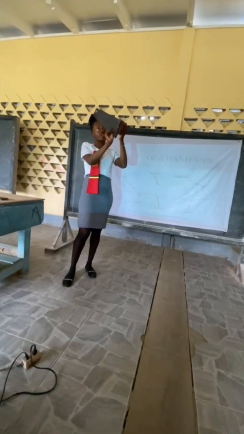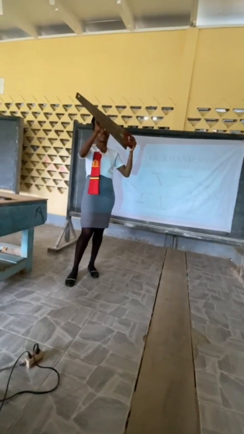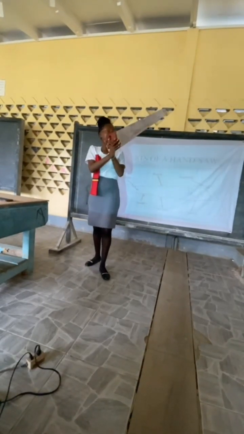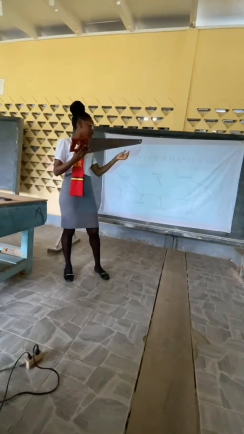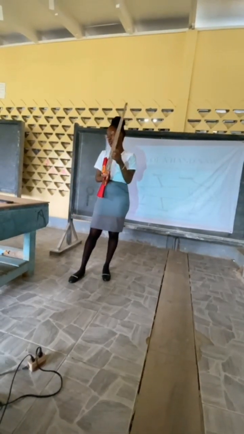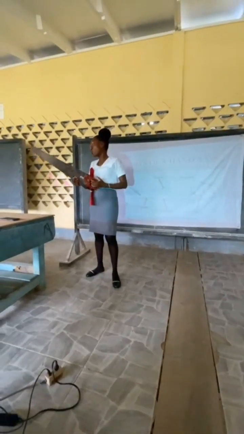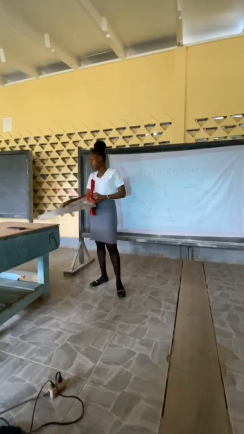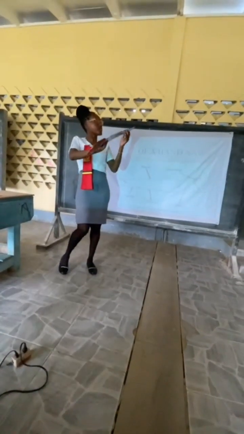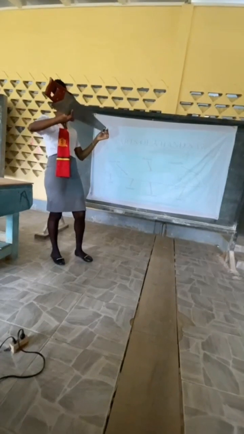Then we move back, we get the back. Then we come down, we get the teeth. These here are the teeth. The teeth are used to cut, if it's wood or any other material. Then we move on to the next part. We get the toe.